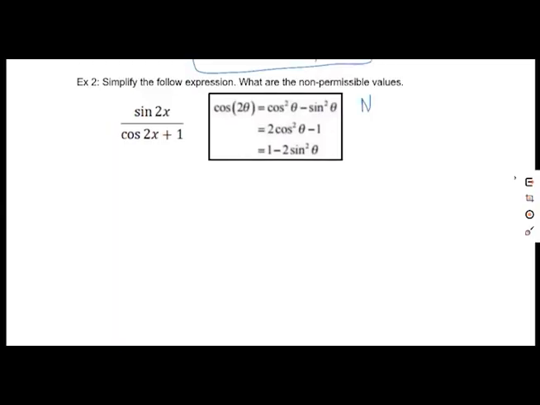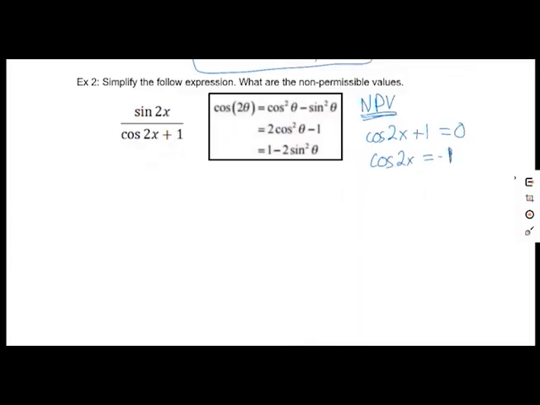Let's start with my non-permissible values. That will happen when the cos of 2x plus 1 is equal to 0. So I can start to solve for this. I get the cos of 2x is equal to -1.